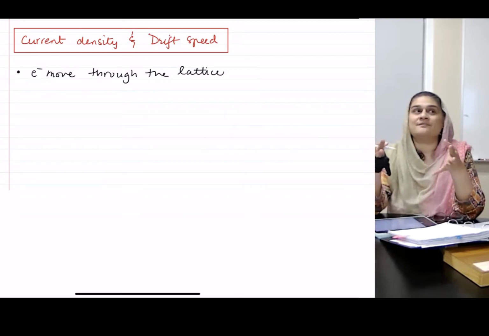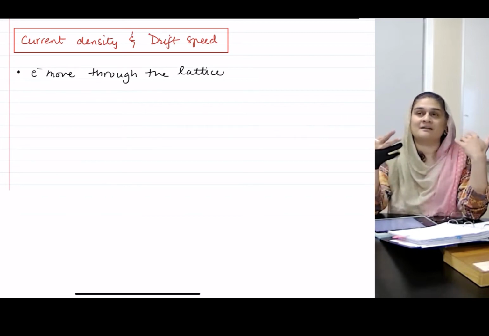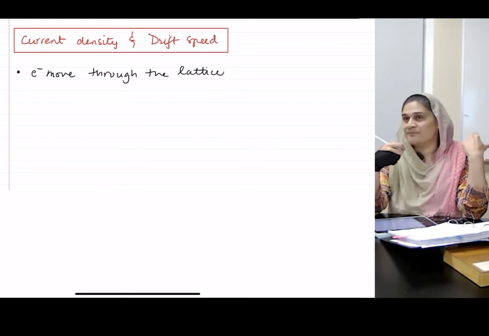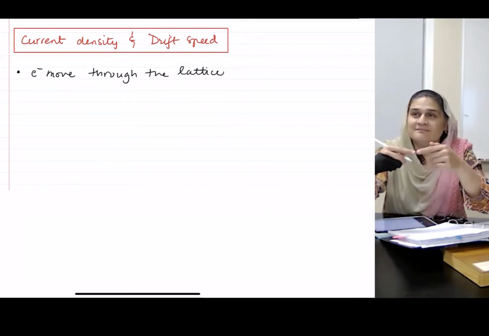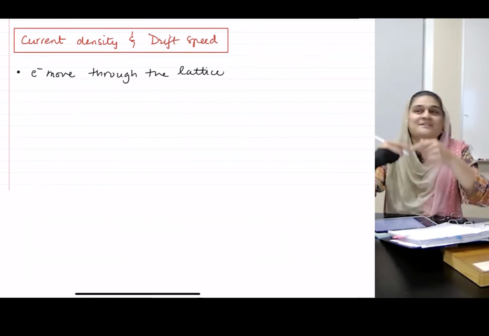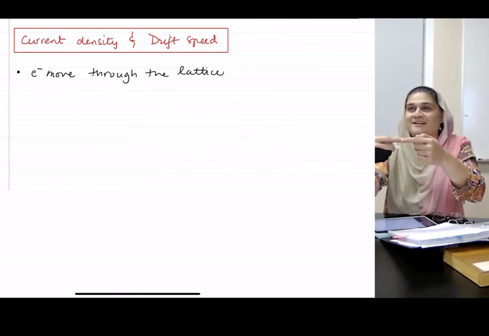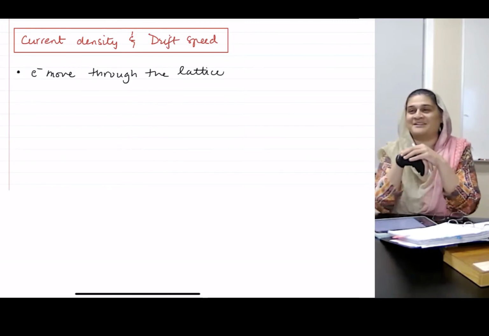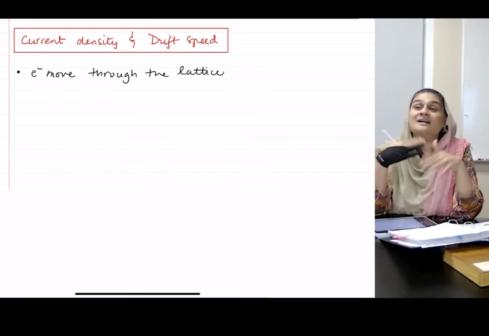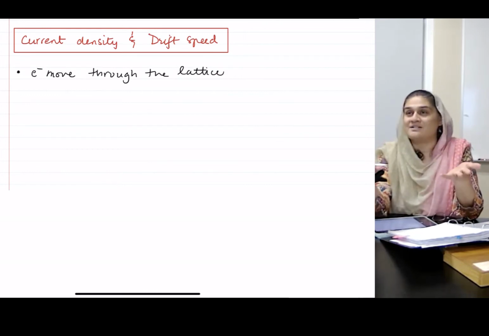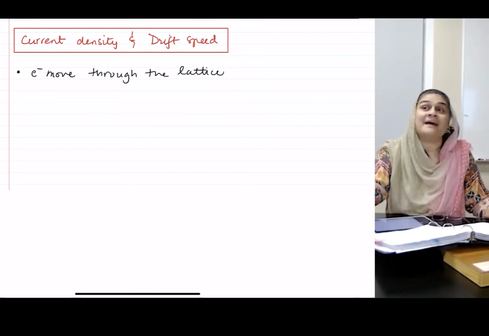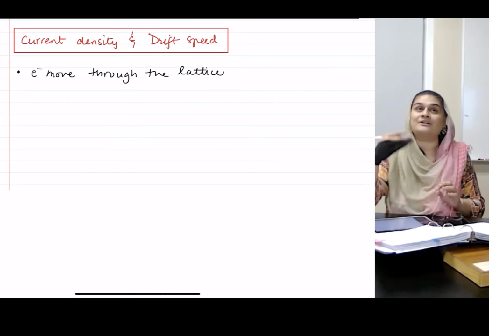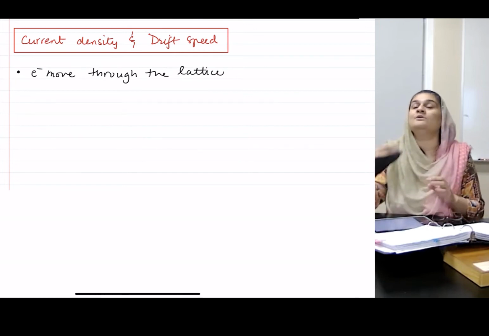So think of it as if you were driving on 1115 on the strip here. What's your motion like? You accelerate for a little bit, then the next red light comes, right? Then you accelerate for a little bit, then the next red light comes. Then you accelerate a little bit, then the next red light comes. So they're constantly being stopped by the lattice. So the flow is not smooth, right? And every time your electrons hit the lattice, they lose energy.